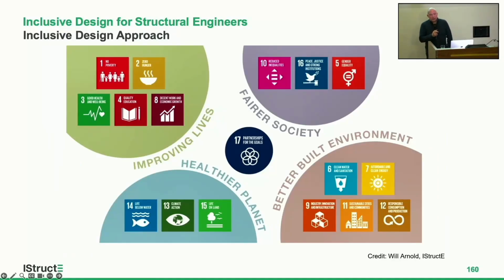Some of you may have seen this. Will Arnold, who heads up the environmental group in the IStructE, very nicely put together all of the SDGs into various groups, and all of them are centered around number 17, which is partnership for the goals. So again, inclusivity and inclusive design is all about working together.